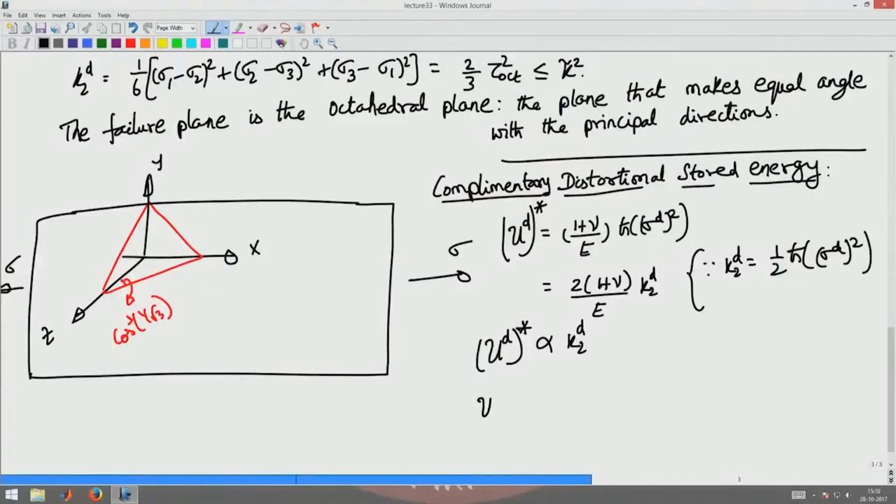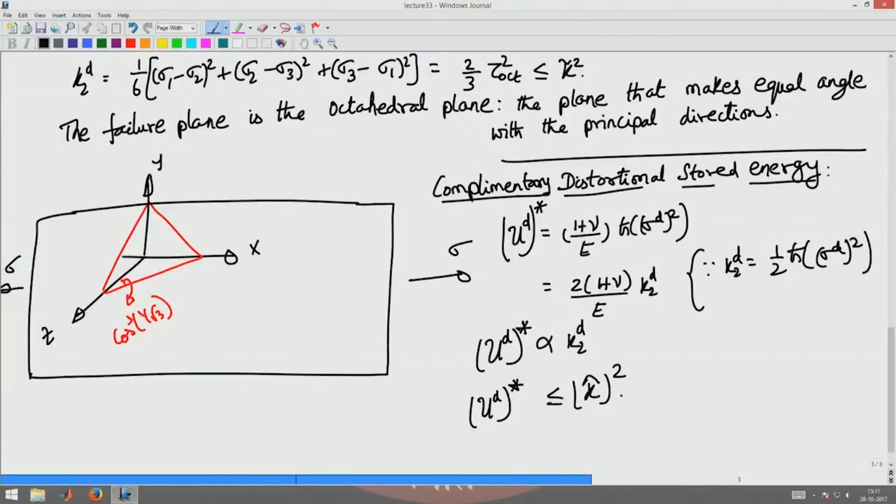So, in that perspective, the von Mises criteria is also interpreted as a criteria wherein, when the complementary distortion strain energy reaches a particular value, failure begins to occur. So, you can say that when U D star is less than or equal to some kappa hat squared, the failure occurs.